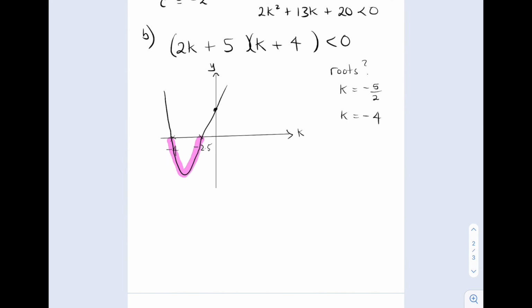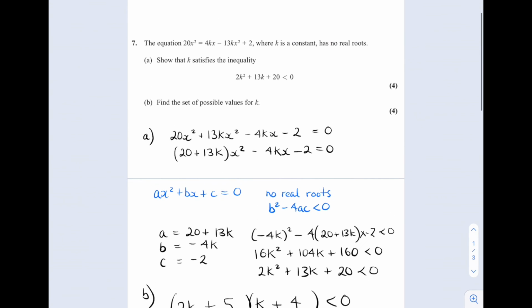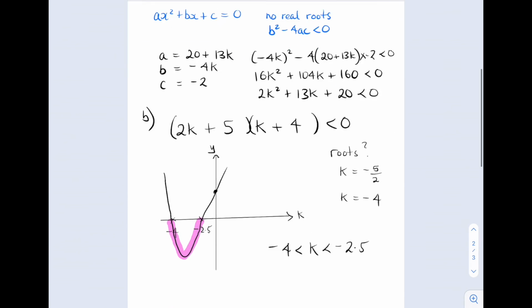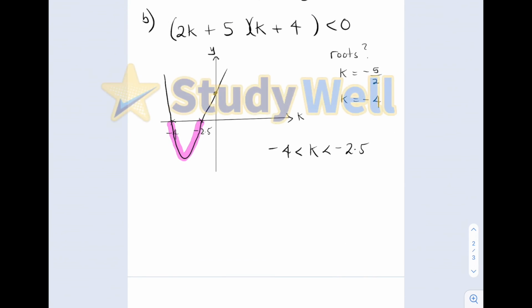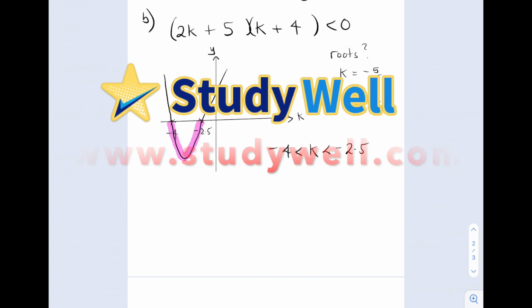So minus 4 is less than k, which is less than minus 2.5. This is where the curve is negative. So the answer to part B, find the set of possible values for k, is k between minus 4 and minus 2.5. And that concludes the question. So check out studywell.com for more.